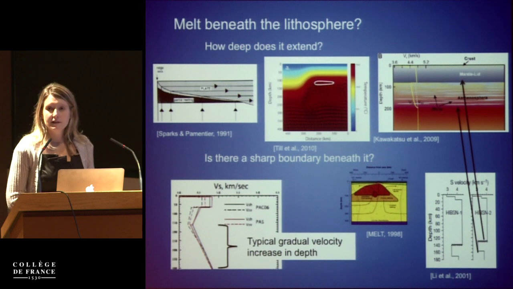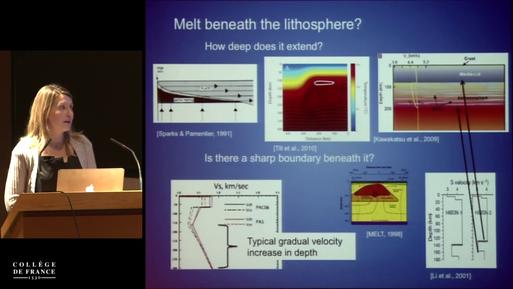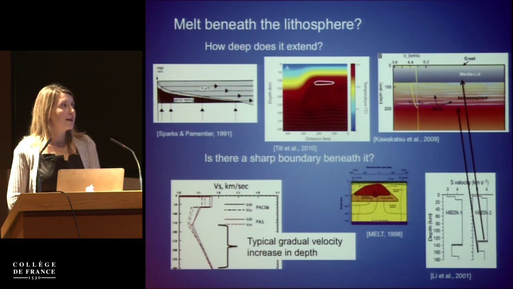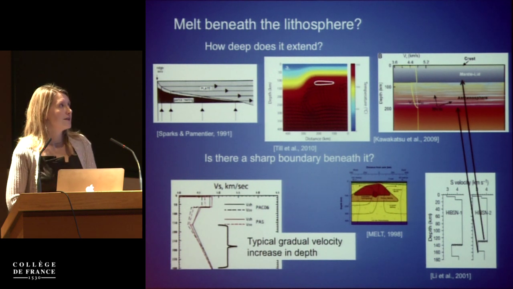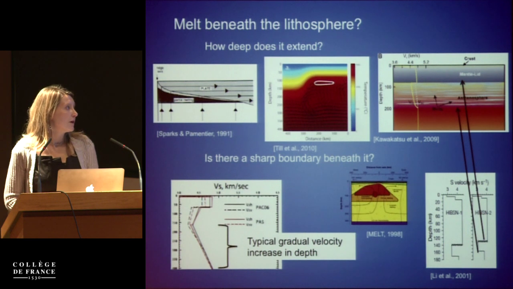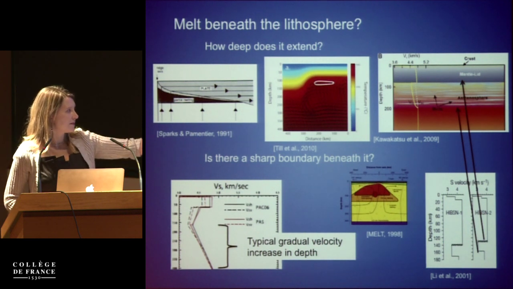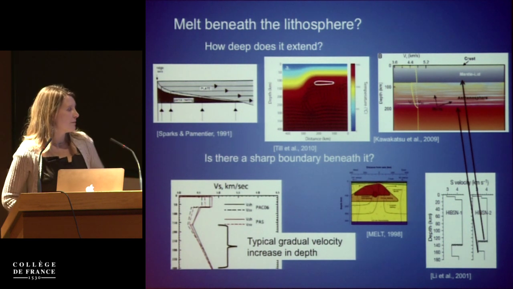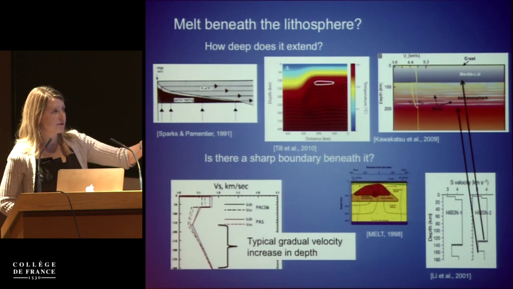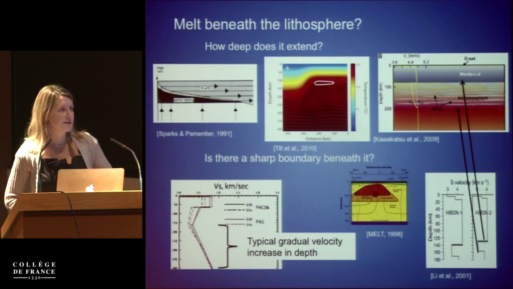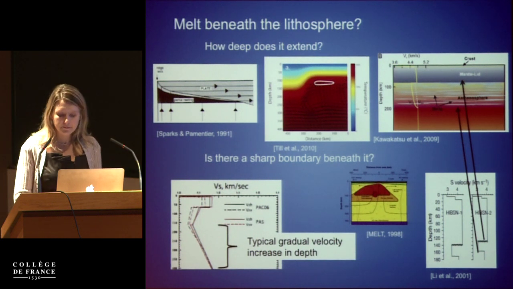And if there is melt beneath an area such as a hotspot, we're also very interested in the character of that melt and how it persists in depth. So is it a very gradual transition, like has been suggested by these models of Pacific transects, or is there some kind of sharper boundary, as has been suggested by some receiver function studies in the past beneath Hawaii?